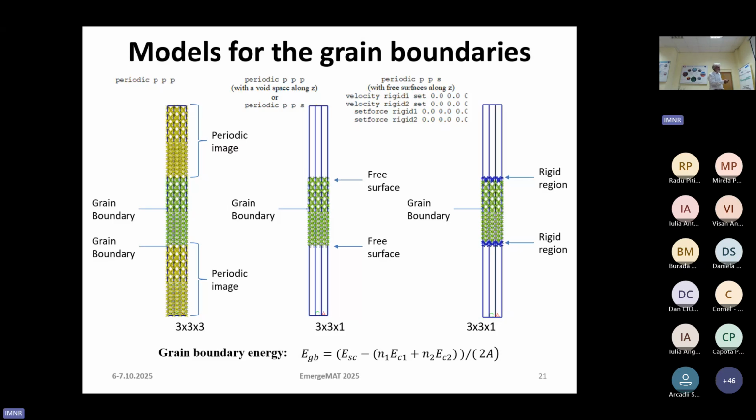And we can characterize also, because we can determine the total energy of each component, we can calculate the grain boundary energy. So there's a difference between the energy of the two interfaces model and the separated energies of the volume of that two slabs.